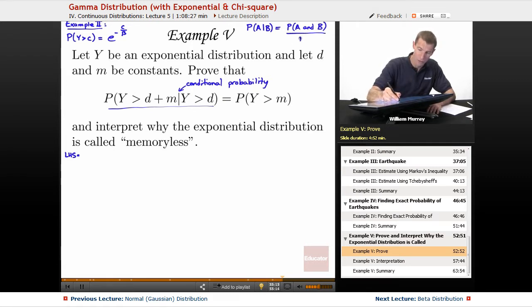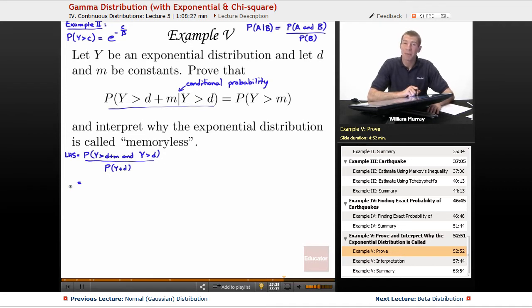So let's figure out what that means in this situation. It's the probability that y is bigger than d plus m and y is bigger than d, divided by the probability of y being bigger than d. Now, let's think about that. If y is bigger than d plus m, then y is definitely bigger than d.